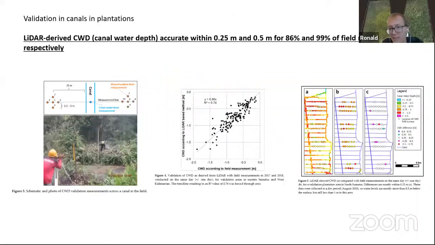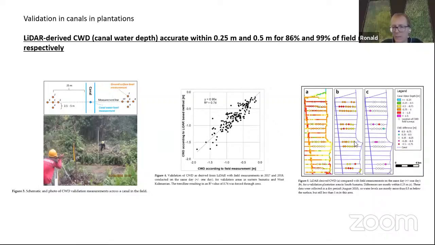We have validated this method as well in plantations using field surveys at, I forgot the number, but I think we have some 140 up to 200 data points. And also here we find a very good correlation between the field measurements and the observation from LIDAR.